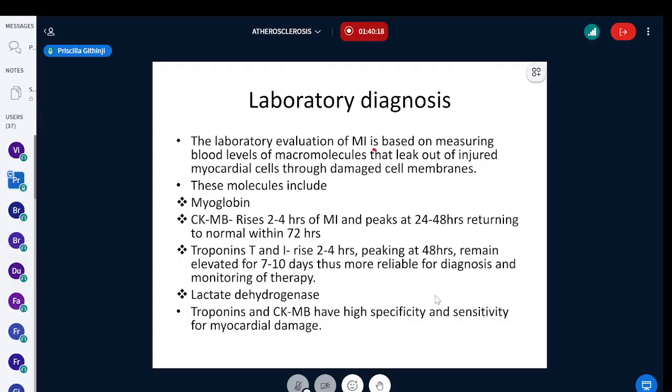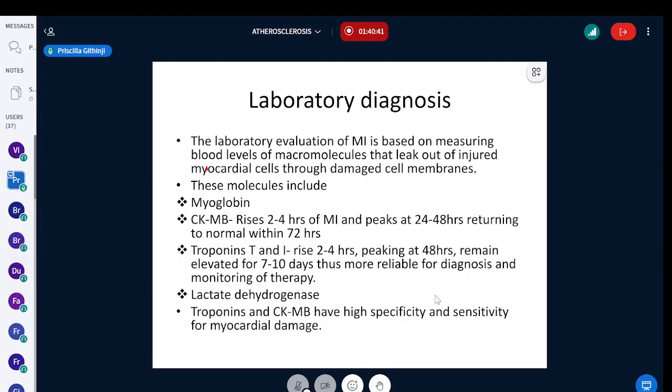Some of these macromolecules include your myoglobin, your CKMB, the creatine kinase specifically for the heart, MB. This CKMB usually rises within 2 to 4 hours of a myocardial infarction, and it peaks at 24 to 48 hours, returning to normal within 72 hours.